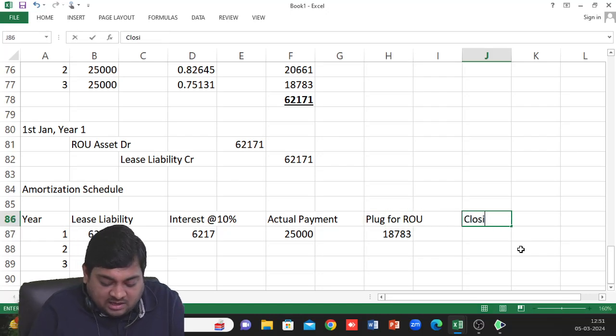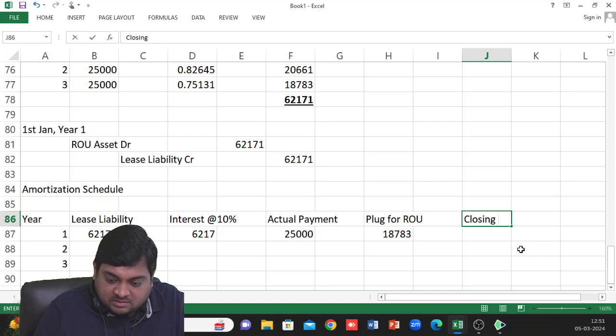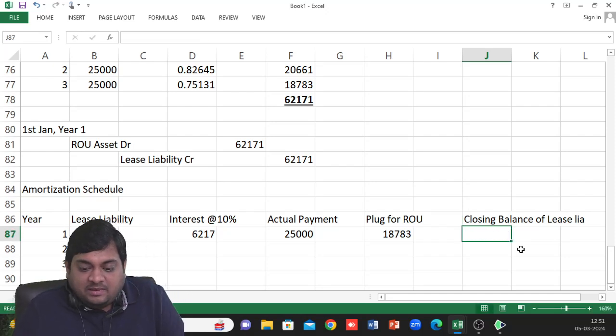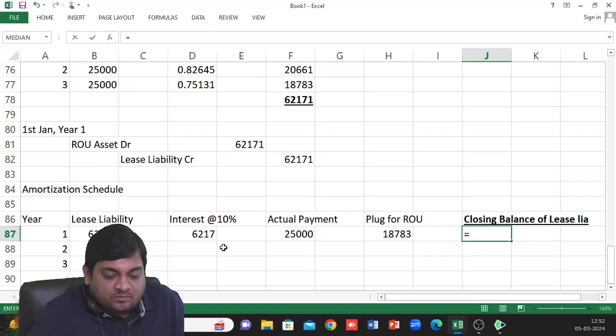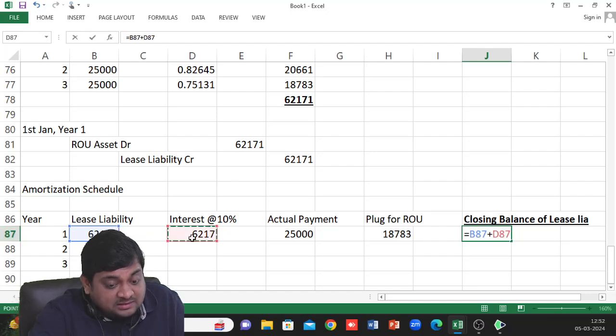And what is the closing balance of lease liability? Tell me. It will be this plus interest.